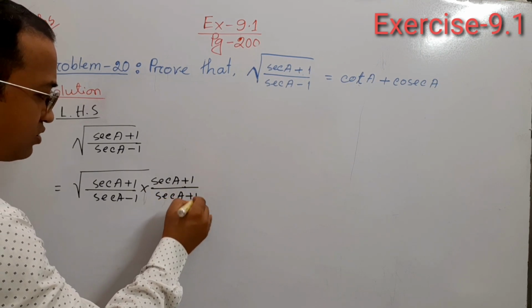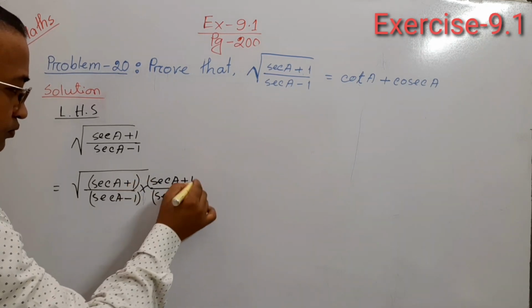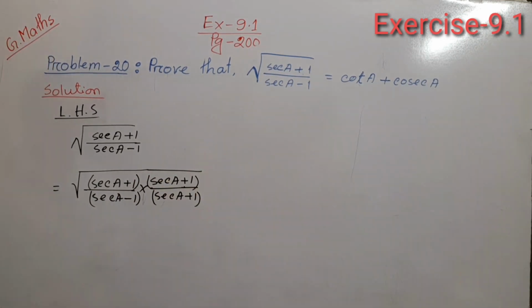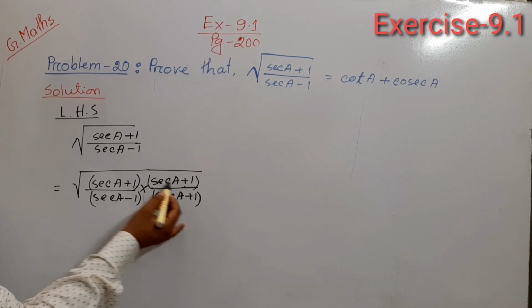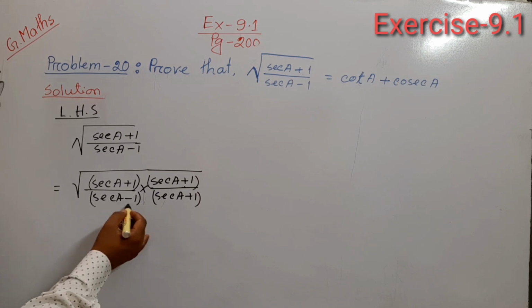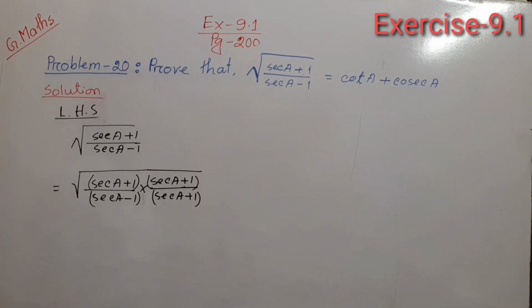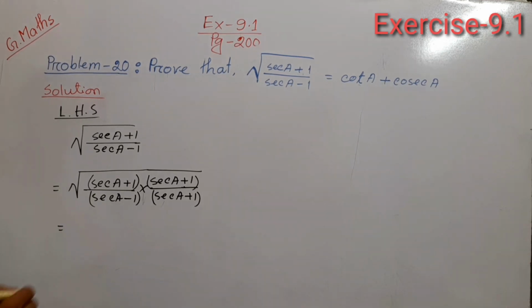Why do we multiply both the numerator and the denominator by sec A plus 1? Because if I multiply sec A plus 1 with sec A plus 1, it will be sec A plus 1 whole square, and here it will be sec square A minus 1, that is tan square. After that we can remove the square root.